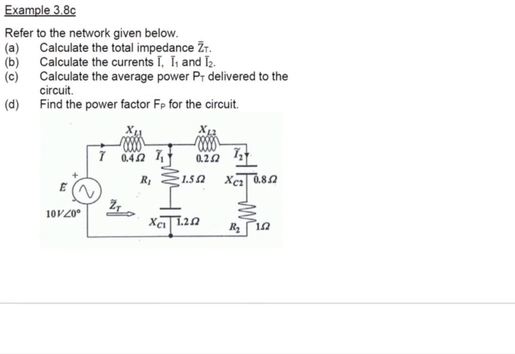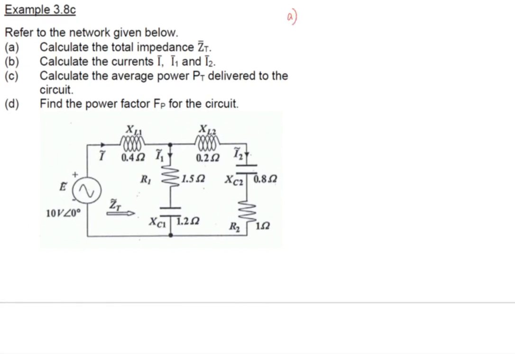Well, for part A, let us simplify the approach. We are asked to calculate the total impedance ZT, but ZT comprises a few impedances. First one, we can call this ZL1.